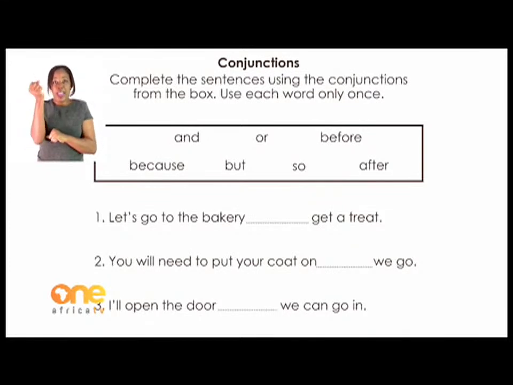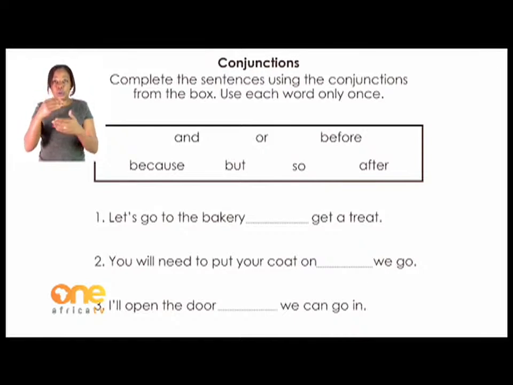Which conjunction should I use? Which joining word should I use? Okay, let's read the conjunctions first, those joining words. I have and, or, before, because, but, so, and after.